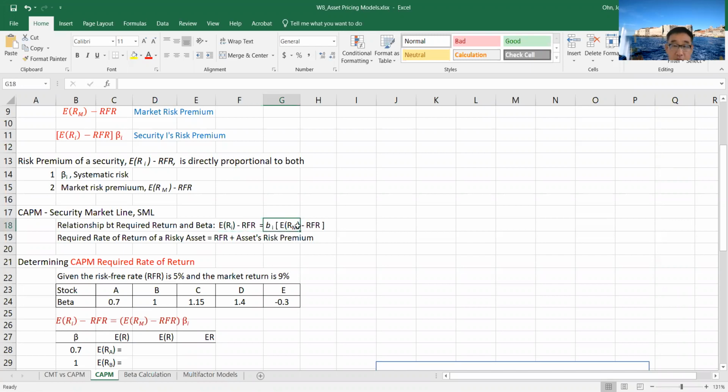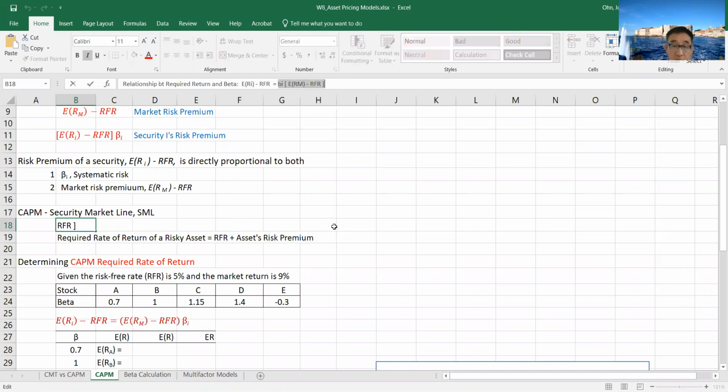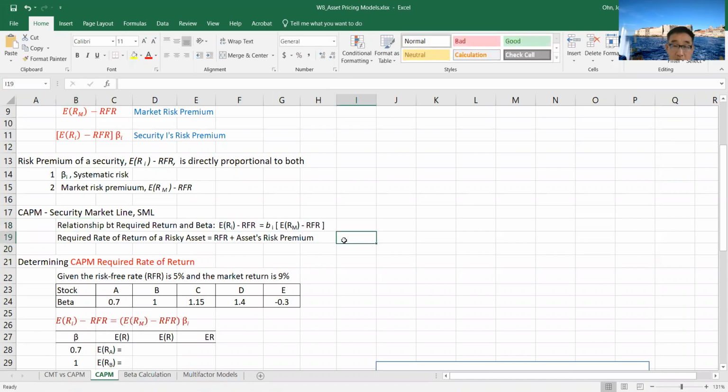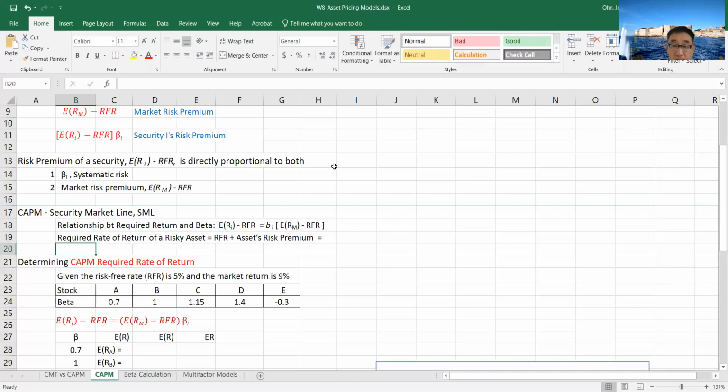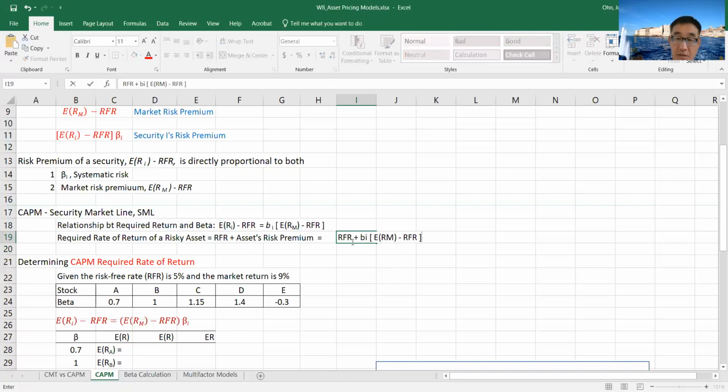So if I rewrite this, the risk-free rate of return plus this.